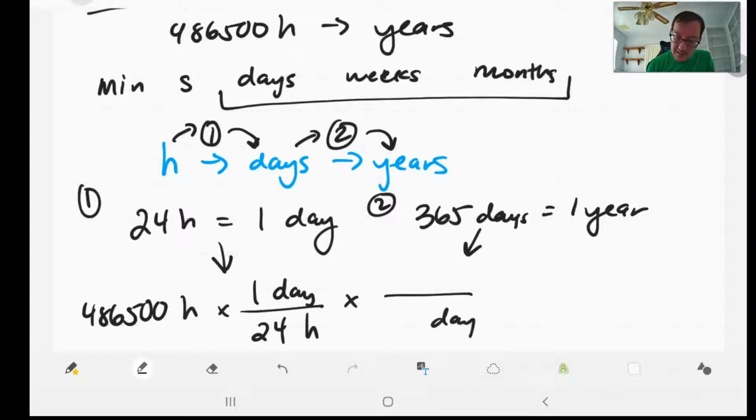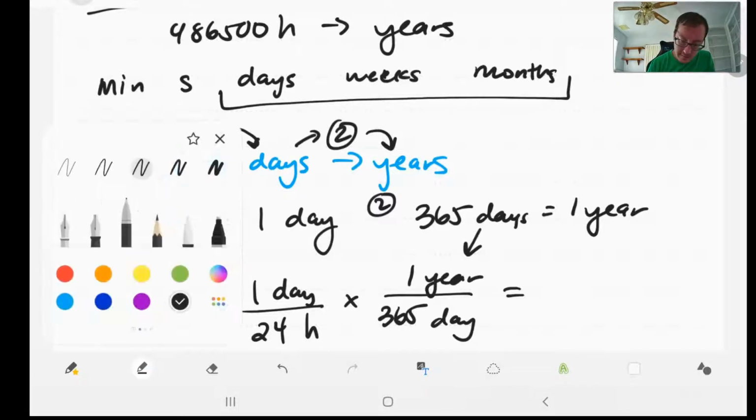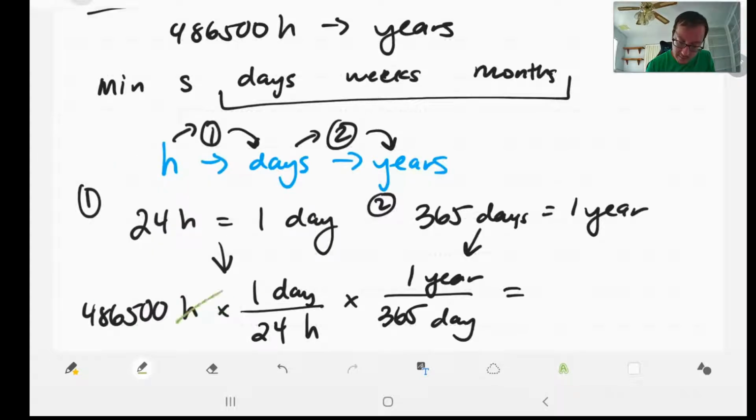That's going to take us from days. So again, I'm putting those on the opposite side. We keep our 365 with the days. And we're going to have our 1 year. And that's how we're going to do this. So we're going to make sure our units cancel out. So that means something's on the top, something is on the bottom. And that should do it.